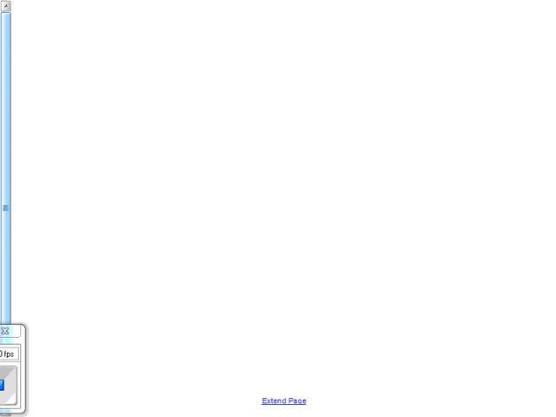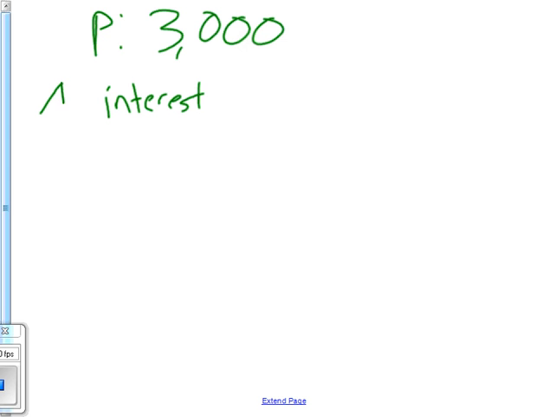Let's say that our principal investment is $3,000. We're going to invest $3,000 into a mutual fund or something like that. That gives us an annual interest rate of, we'll say that this one gives us 7%.